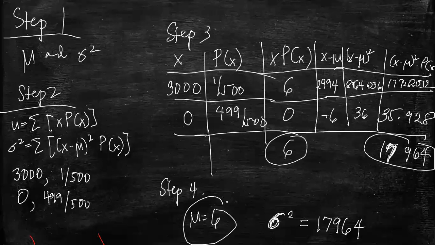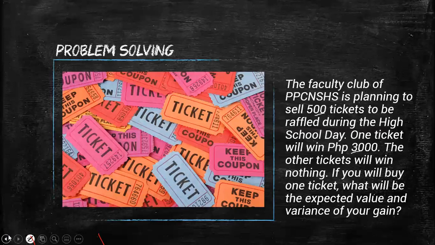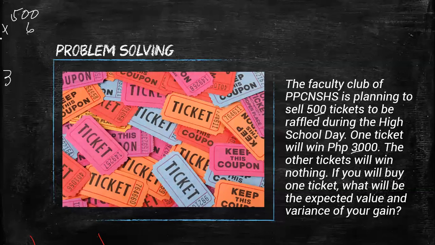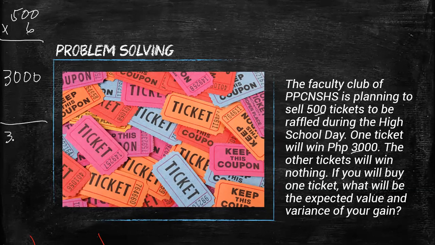Ngayon, yung ating mu, yung ating mean, ano ibig sabihin niyan? 6 pesos dapat yung amount ng ticket para break-even. Kasi dahil may 500 tickets times 6 pesos, 3,000 ang total.